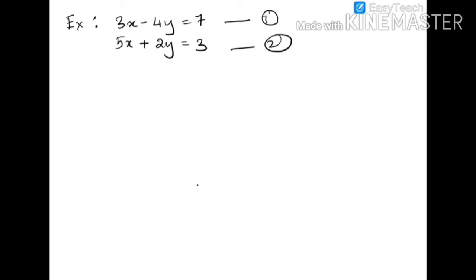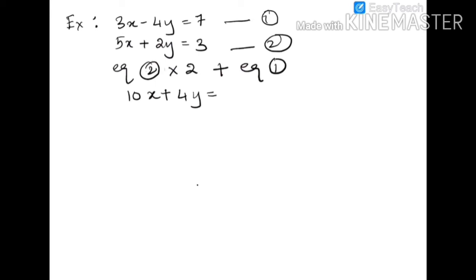So in this case we will add the equations. Always look for the opportunity where you can add the equations and you have to multiply the least number to the equations to make the coefficients numerically equal. So here we will multiply equation 2 with 2 and add it to equation 1. So that can be written as 10x plus 4y equal to 6. The first equation copy as it is.